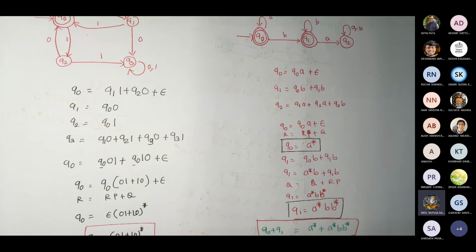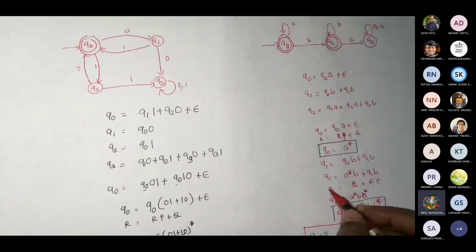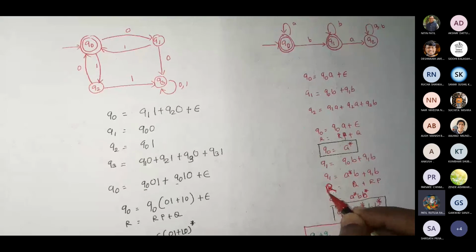Then solve for Q1. Q1 is equal to Q naught B plus Q1B. We substitute the value of Q naught, which is A star. Then the equation becomes A star B plus Q1B, and we get this equation in the form of Q plus RP, so the solution becomes QP star.